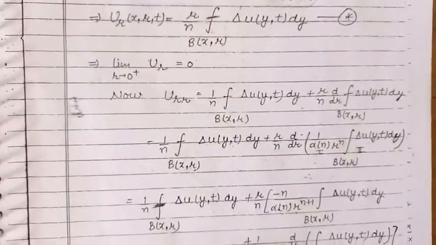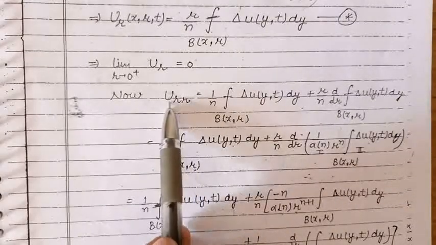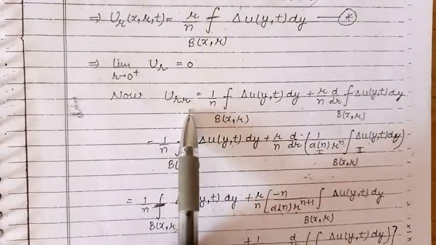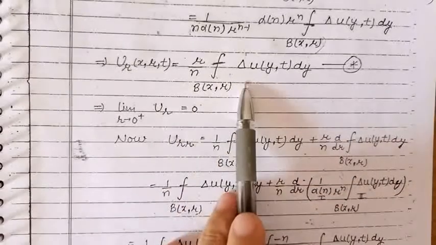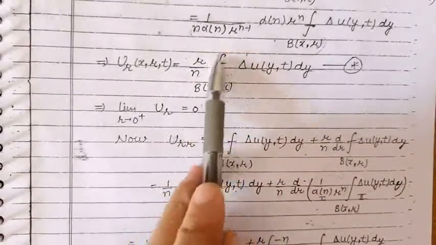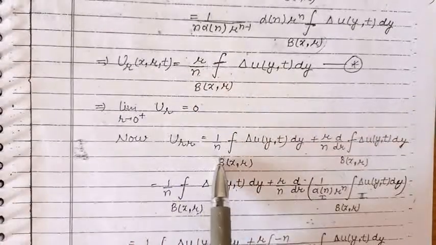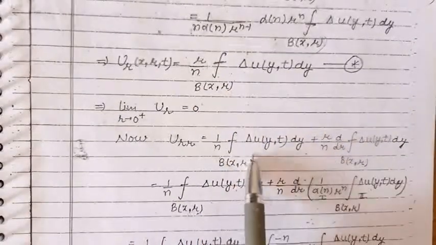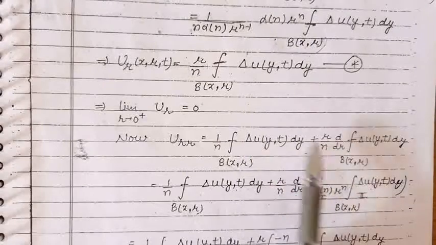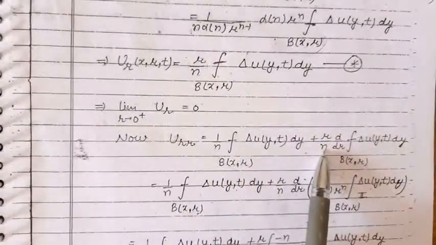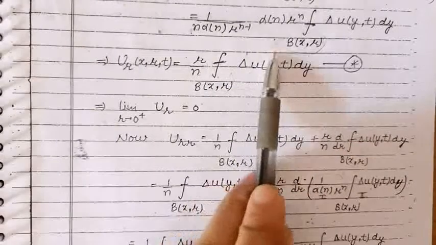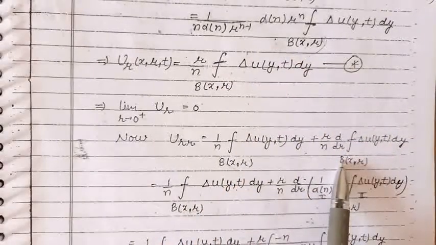Now let us find the second order partial derivative of function u with respect to r. Here we can use the product rule. This is the first function, this is the second function. The derivative of the first function r by n will be 1 by n, second function as it is, plus the first function r by n as it is, times the derivative of the second function with respect to r.